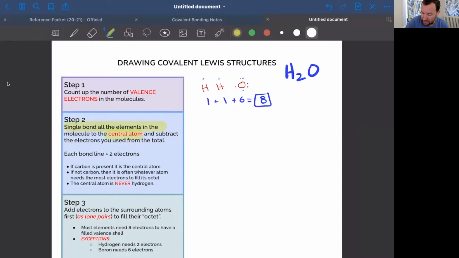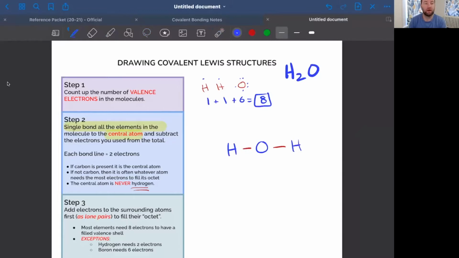And the one thing that the central atom will never be is hydrogen. So in this particular example, we have hydrogen, hydrogen, and oxygen. We don't have carbon, and we only have hydrogen with an oxygen. So oxygen must be the central atom. So we're going to put oxygen in the middle of the molecule, and we're going to use single bonds to bond a hydrogen to either side.